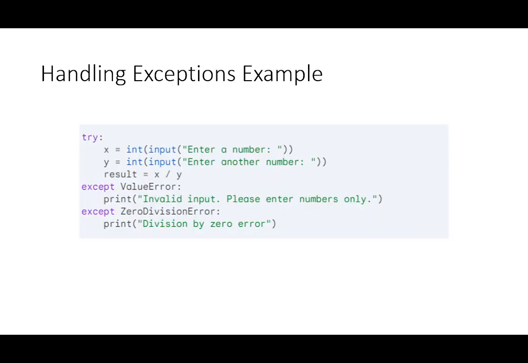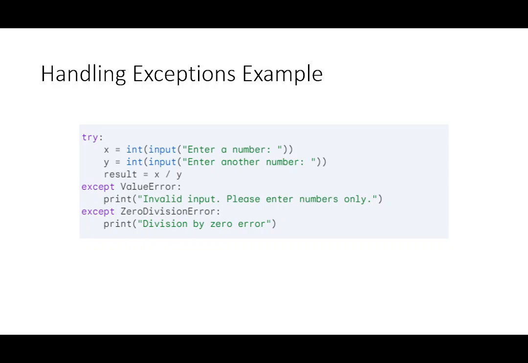So let's look at some examples. In this one, we're going to have some user inputs. We're going to enter a number for X and another number for Y and do the division. The first exception is, let's say someone enters the letter A for X, and you get a ValueError.